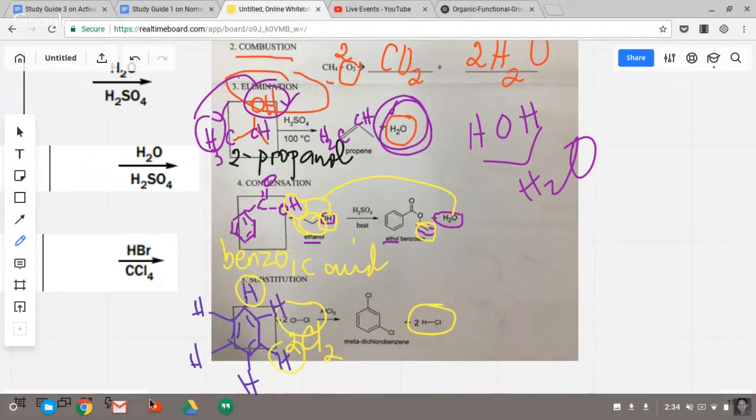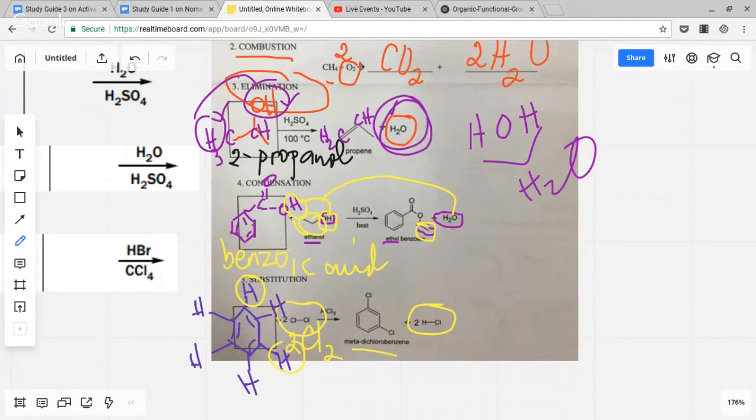So that's why it's called meta-dichlorobenzene. Meta means 1, 3, and then 2 chlorines, so dichloro, and then benzene. So 2 hydrogens got out from benzene to bond with 2 chlorines, and the other 2 chlorines substituted for the 2 hydrogens that left, and so you get meta-dichlorobenzene.